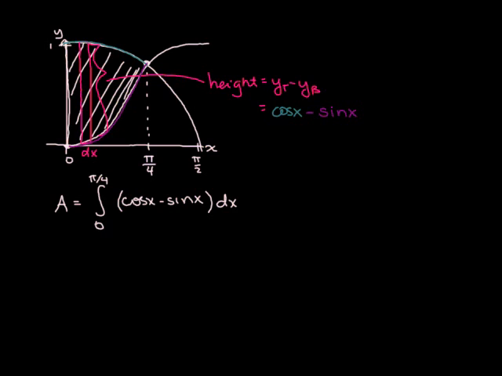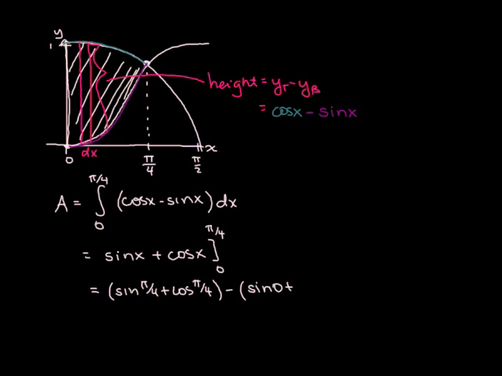And now we'll go ahead and do our integrating. So the antiderivative for cosine of x minus sine x is going to be sine x plus cosine x. And we want to evaluate that from 0 to pi over 4. So plugging in pi over 4, we have sine of pi over 4 plus cosine of pi over 4, minus plugging in 0, sine of 0 plus cosine of 0.